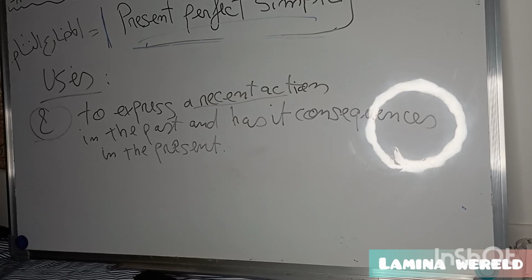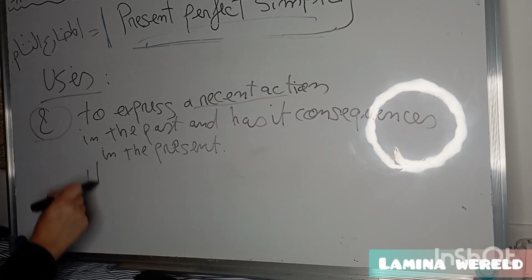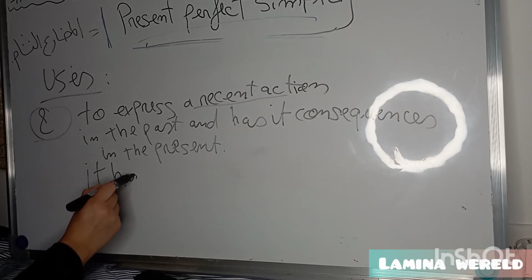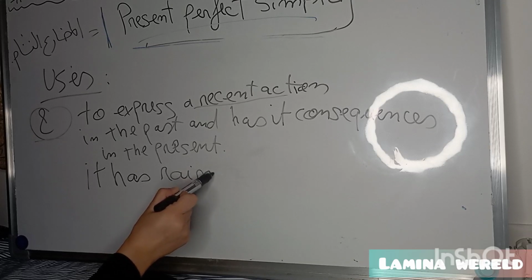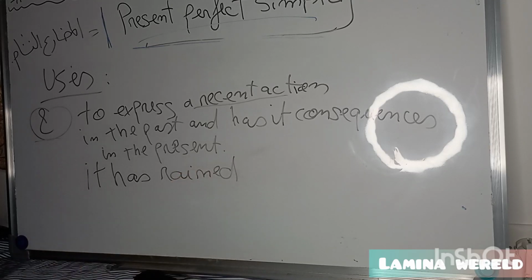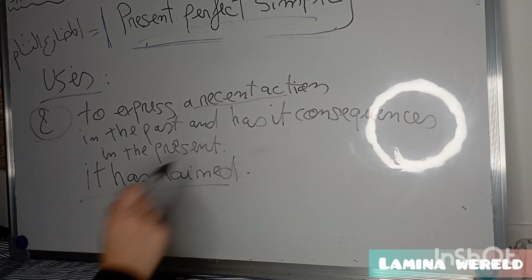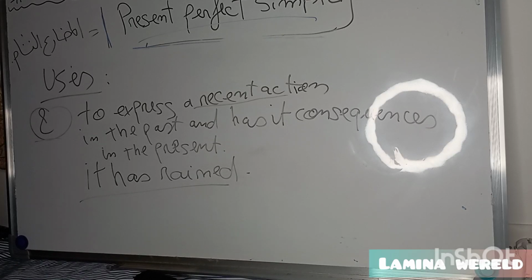For example, it has rained. If I say this example, it has rained. So this sentence, what is the consequence? Can you give me the consequence of this sentence? It has rained.